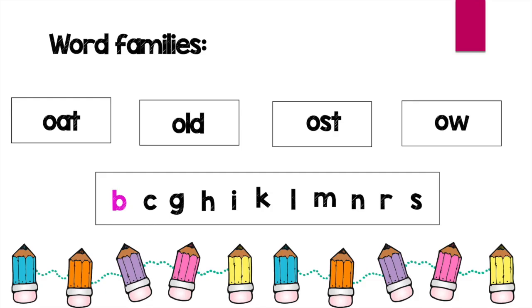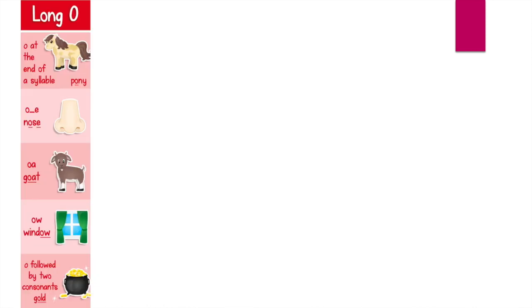All right, so let's talk about the long O. So here are the different ways you can have long O. We have the O at the end of a syllable, an open syllable, and some of my RTI friends have been talking and learning about open syllables in 2-syllable words. So the O as in pony. Then we have the O with the silent E, like in nose.